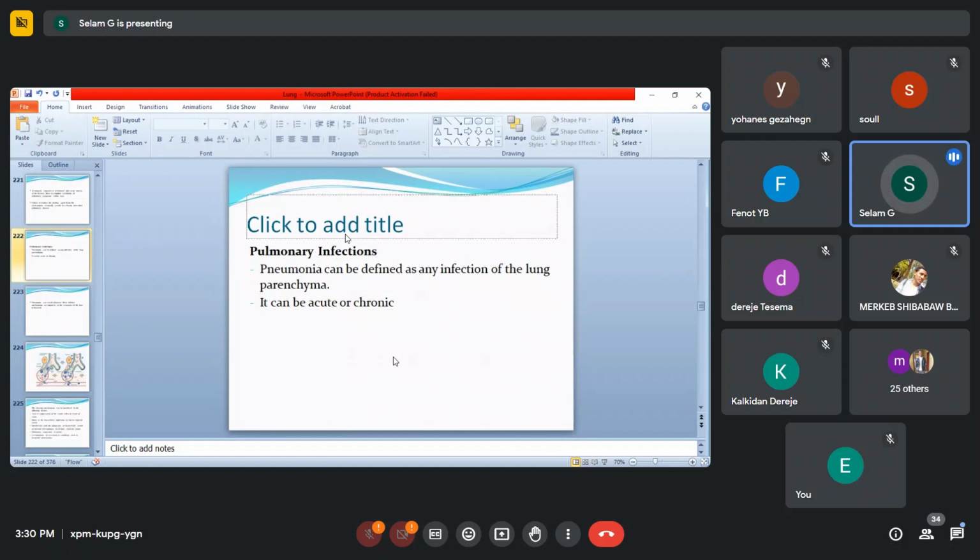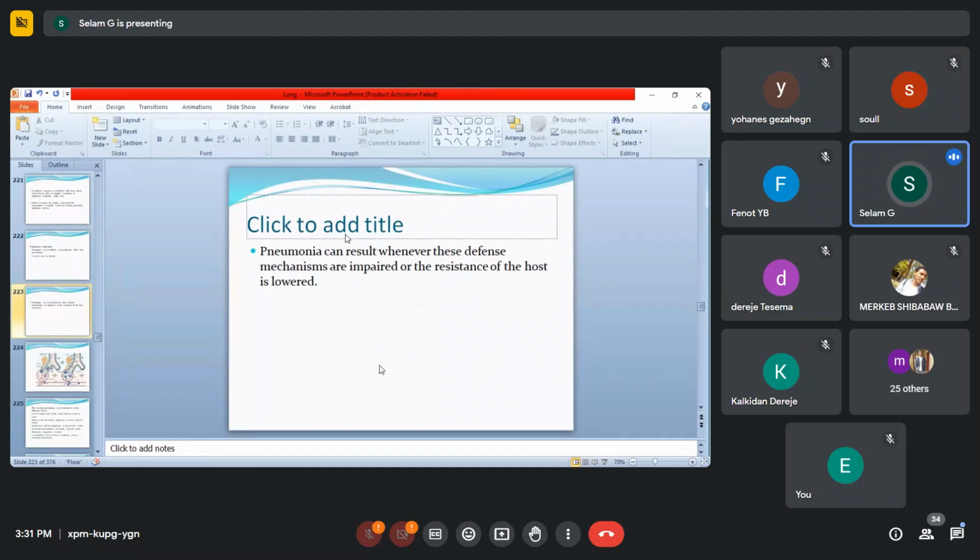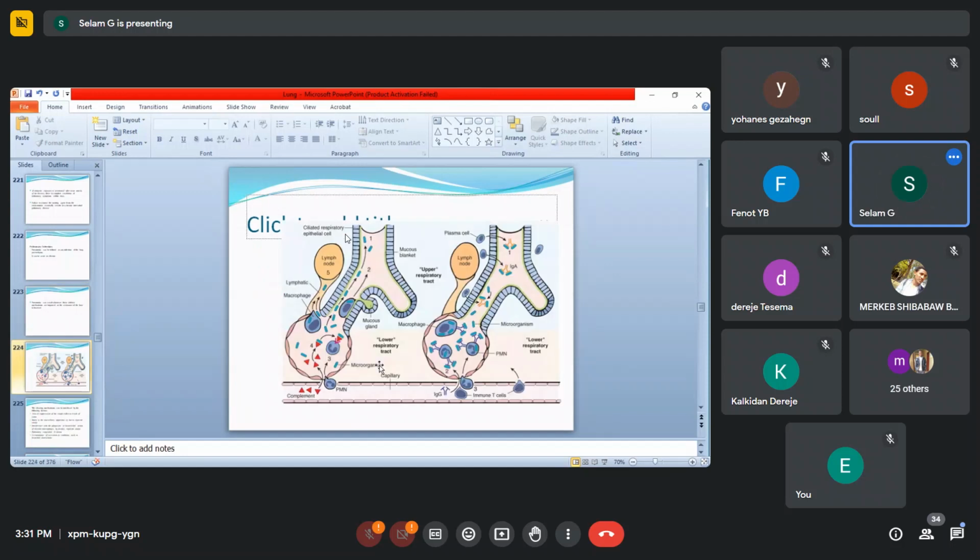So pneumonia can be defined as infection of the lung parenchyma, and it can be acute or chronic. Inflammation of the lung is called pneumonitis, and it could occur in acute or chronic forms. Pneumonia could result whenever the defense mechanisms are impaired or the resistance of the host is lowered.